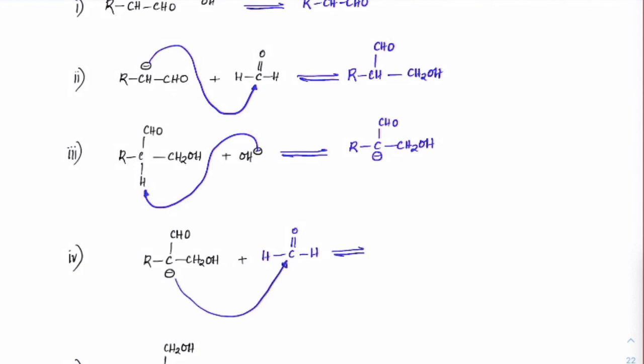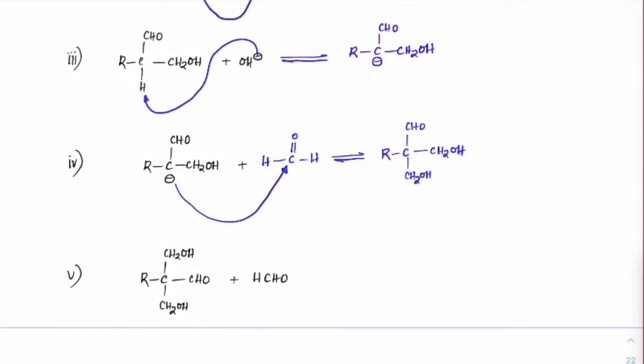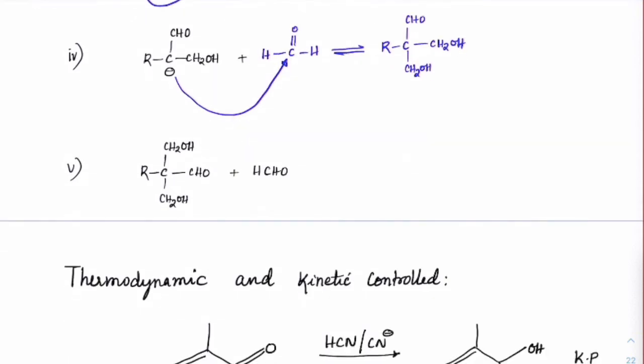So the product we will get is R C CHO, CH2OH and CH2OH. Got it? We got this. Suppose this R doesn't have an alpha hydrogen. Imagine this R could be any carbon that does not have an alpha hydrogen. So now it has no alpha hydrogen.